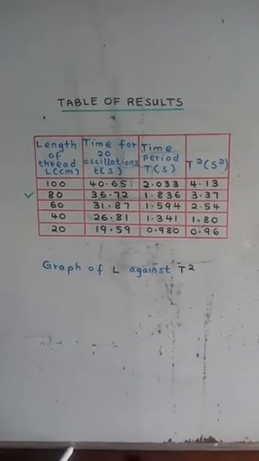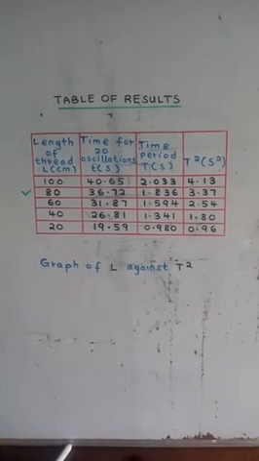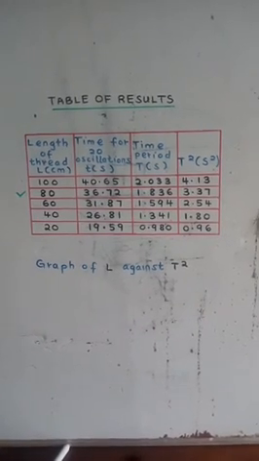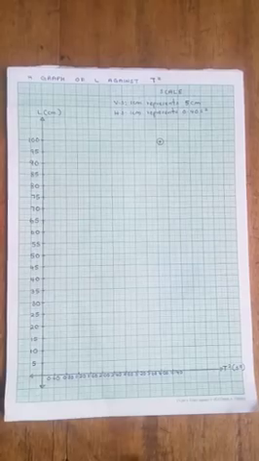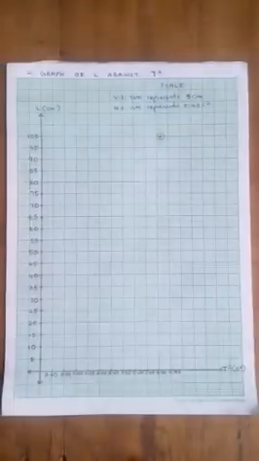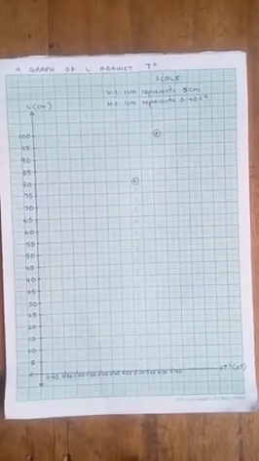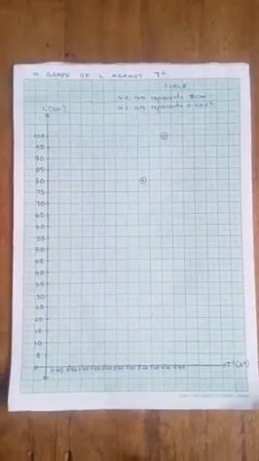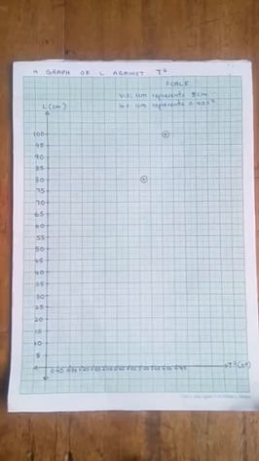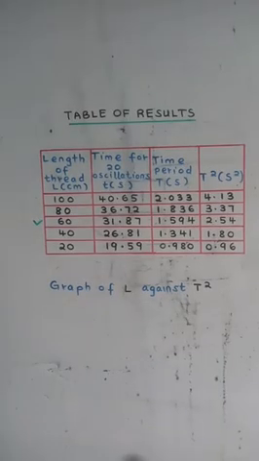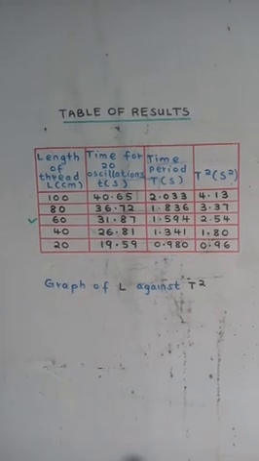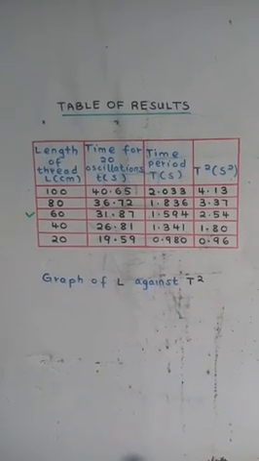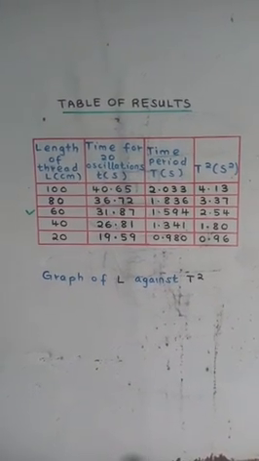For 80 centimeters, 3.37 second square. For 60 centimeters, 2.54 second square.